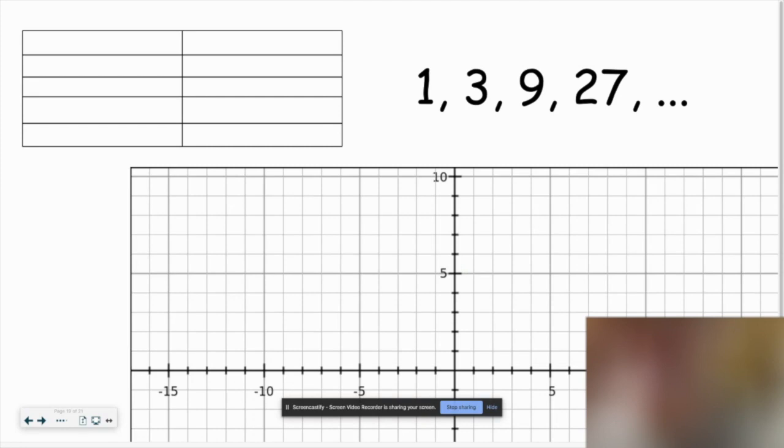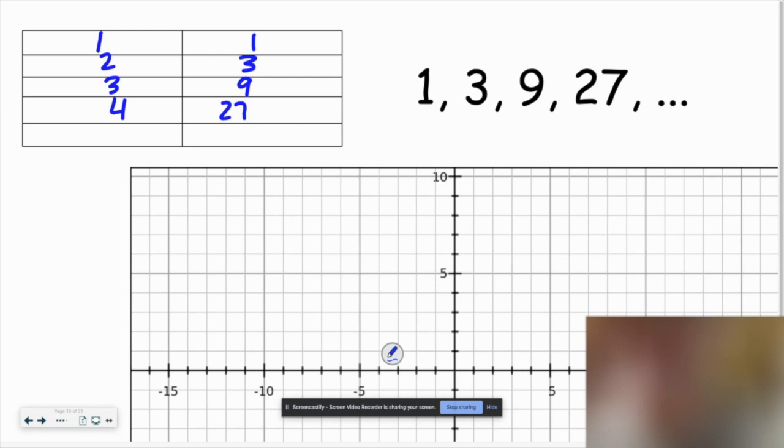Same thing as we did yesterday. We want a graphical representation of the sequence that's going on. So if we're multiplying by 3, this one's going to look a little bit different. You also noticed our equation that we were working with. It kind of gives you a hint to what kind of graph you're going to see. But if not, our first term is 1, second term is 3, our third term is 9, and our fourth term is 27.